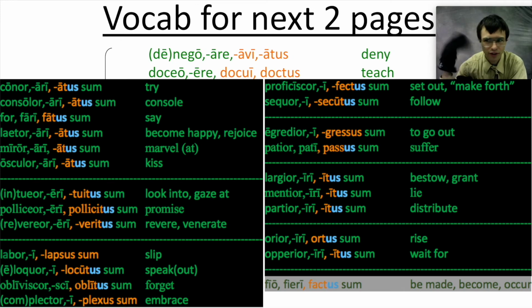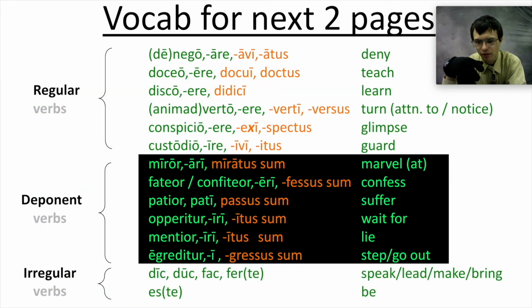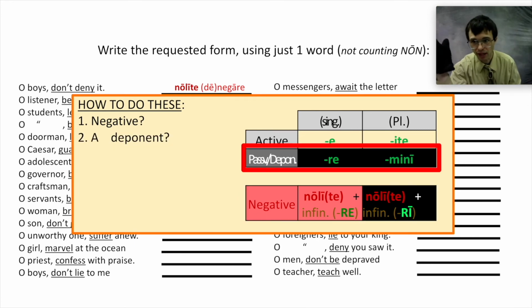I mean, there aren't very many deponents, so they should pop out at you that whenever you see one of these words, marvel, confess, suffer, wait for, lie, step, or go, you can always use a deponent form. All right, so if it's one of those special words and it's a deponent, then you're going to use a passive-looking deponent form like that.